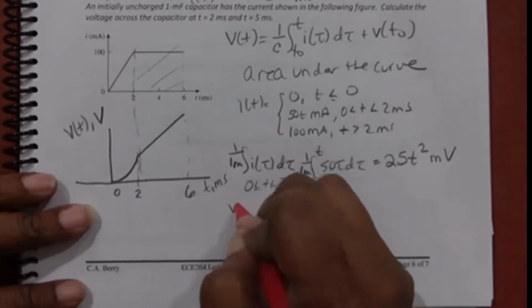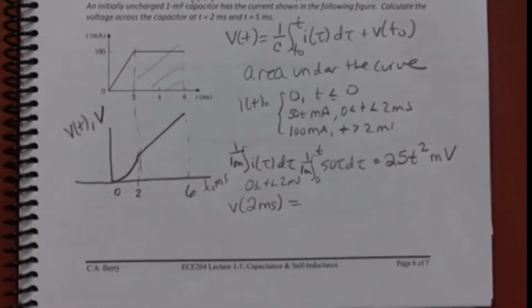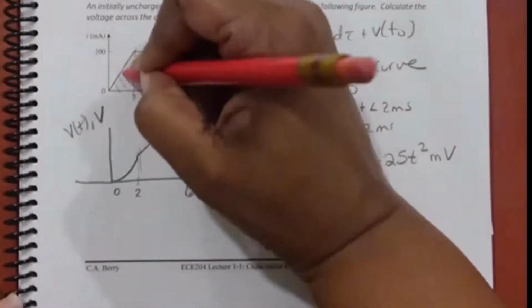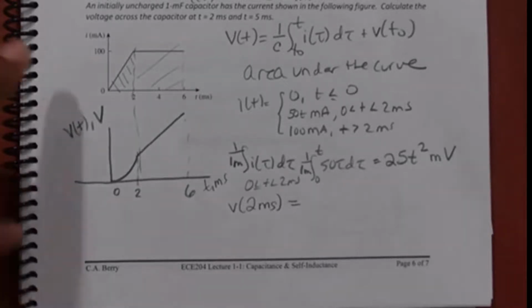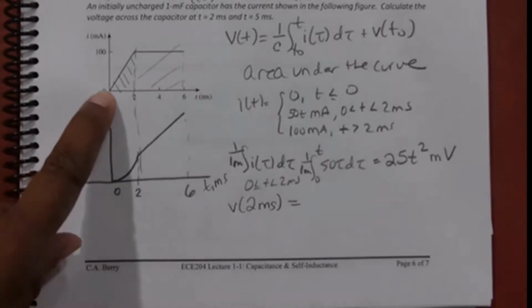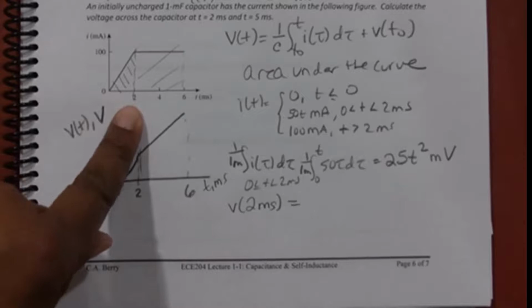What is the voltage at exactly 2 milliseconds? You can also get this from the area under the curve dividing by 1 millifarad, right? What is the voltage at 2 milliseconds? Yes, Shayna. 100 millivolts, okay? So we should also be able to get that because the area under the curve is going to be 1/2 base times height.